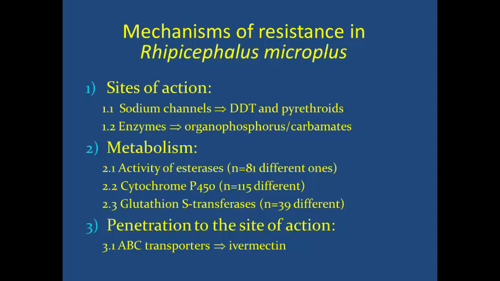However, if we look at the next group of acaricides, which are the organophosphorus and carbamic compounds, even if they all work by inhibiting the enzyme acetylcholinesterase, we know that there are at least 3 different isoforms of this enzyme, at least in Rhipicephalus, and that explains why they don't really show as much cross resistance as you would expect initially.